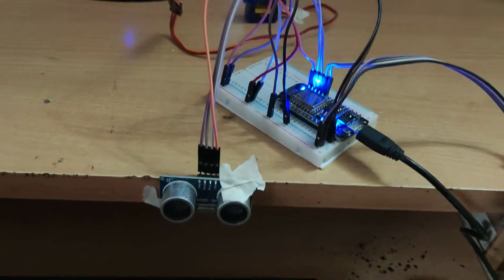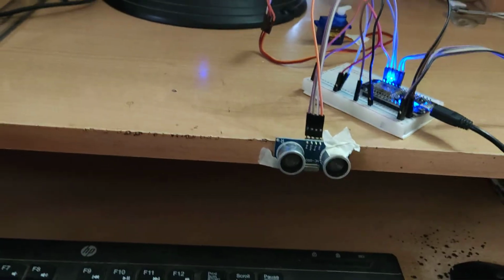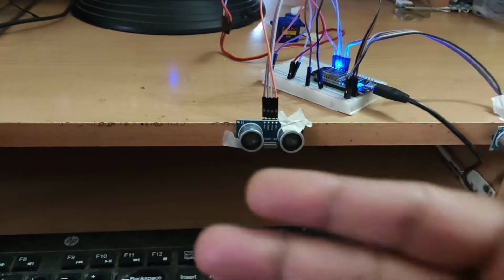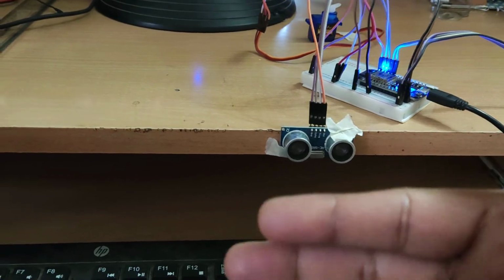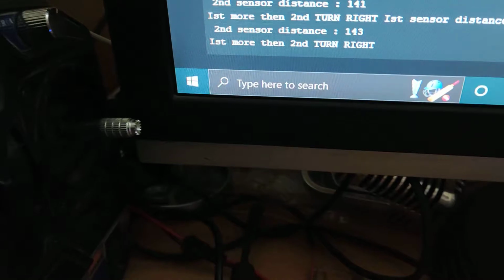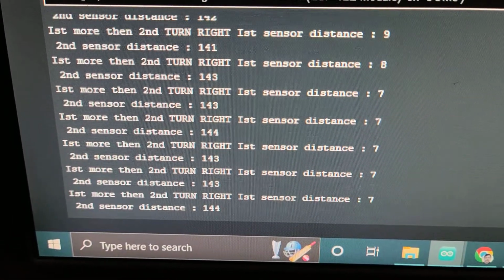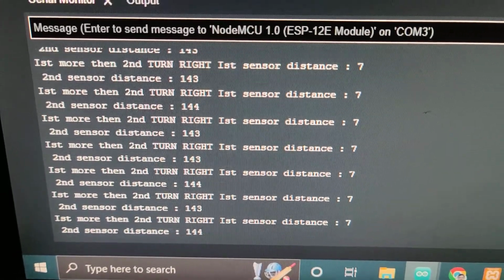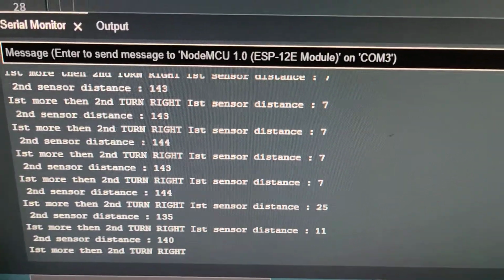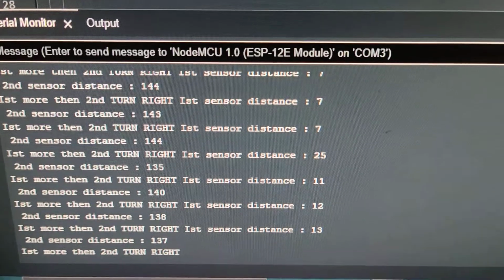This is the one logic, and this ultrasonic sensor measures the distance of the obstacles. Suppose this is the obstacle. Suppose I keep it at around 4-5 centimeters, around 7-8 centimeters. You can see that it is reading 7 centimeters. I move slowly up, it increases to 11, 12, 13.